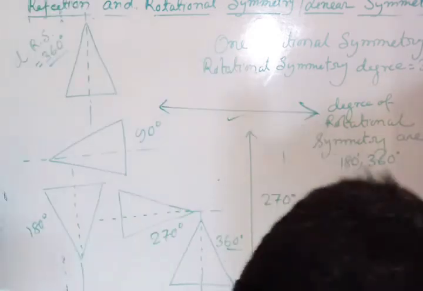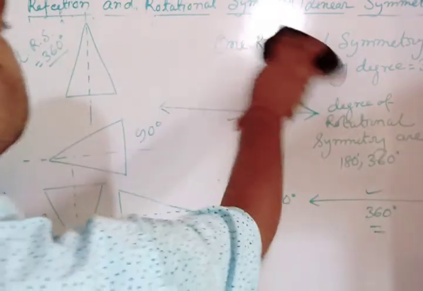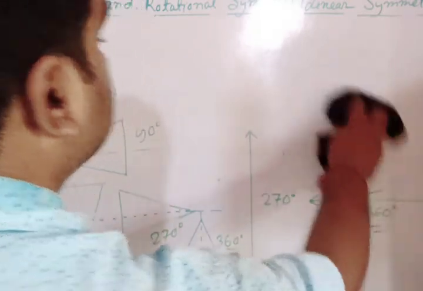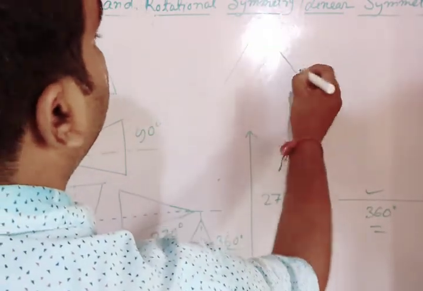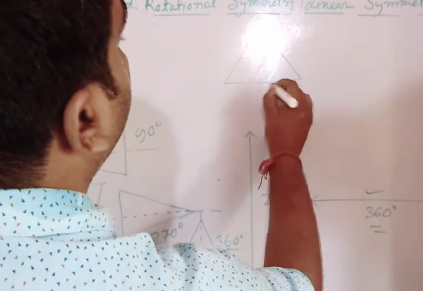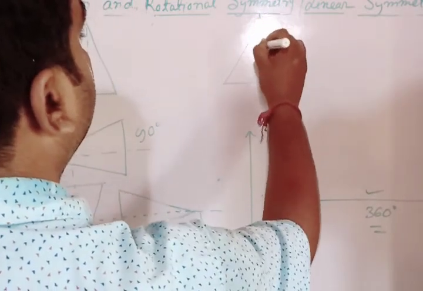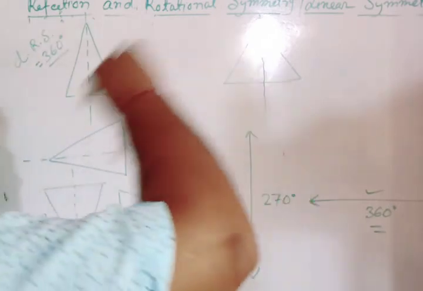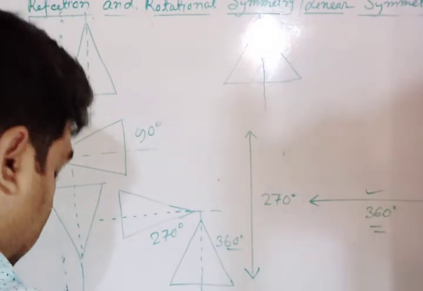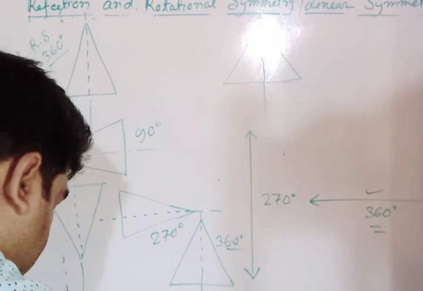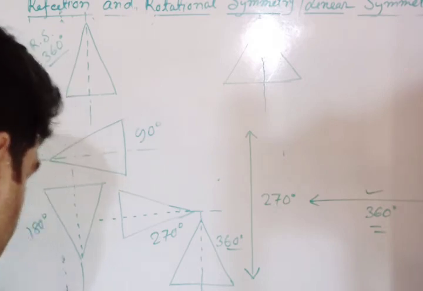Next, take another figure, another equilateral triangle. This is an equilateral triangle. However many degrees we can move it, we are moving it.